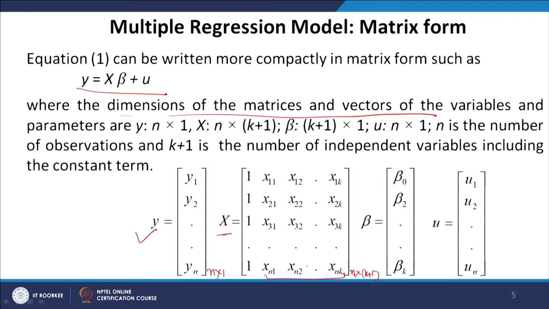Beta is again a vector of dimension k plus 1 by 1. So, there are k plus 1 rows and only one column, and u, the error terms, has a dimension of n by 1. So, there are n observations and only one column.